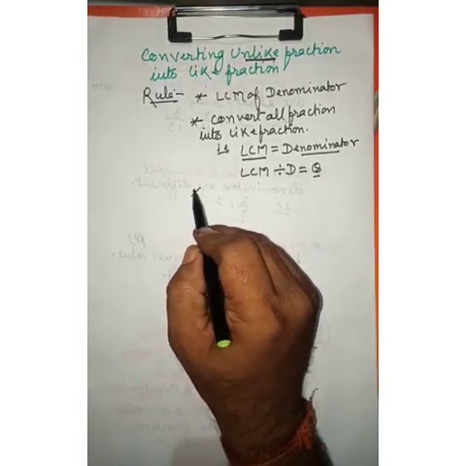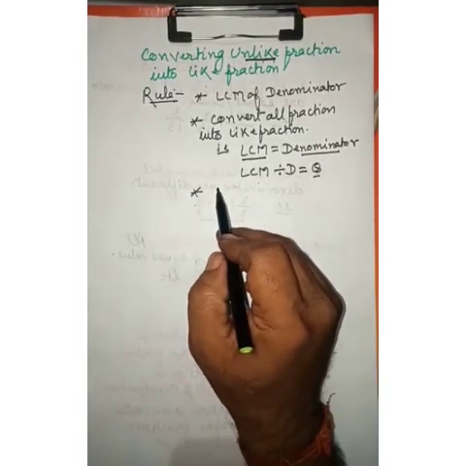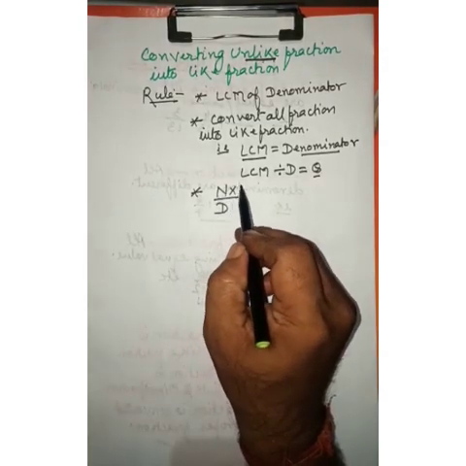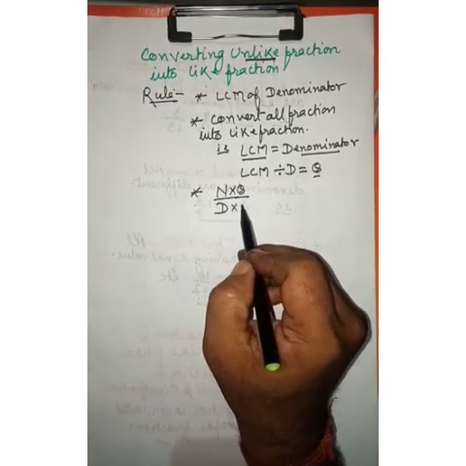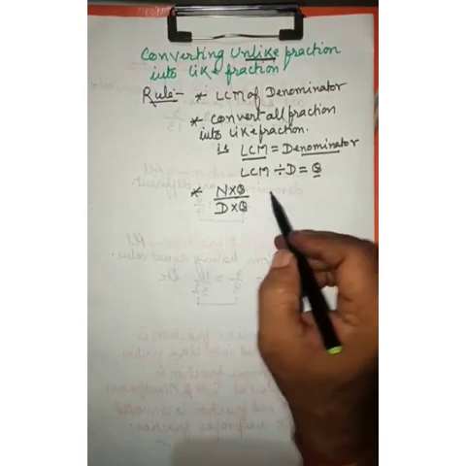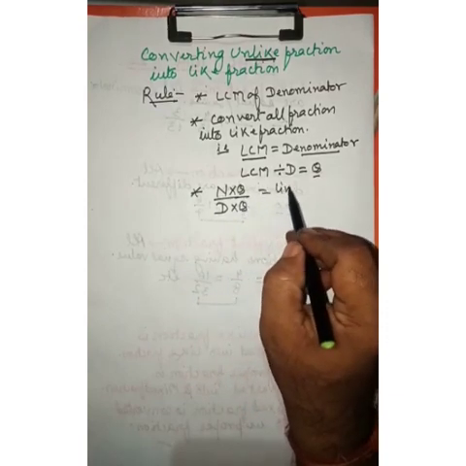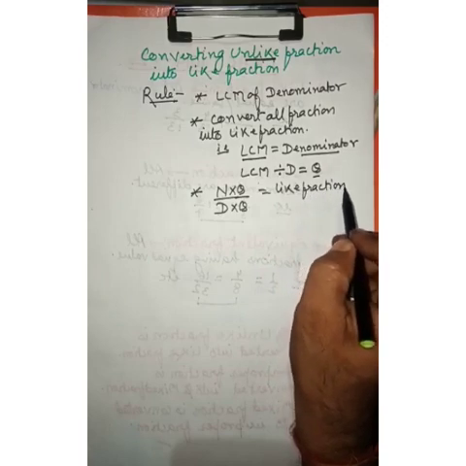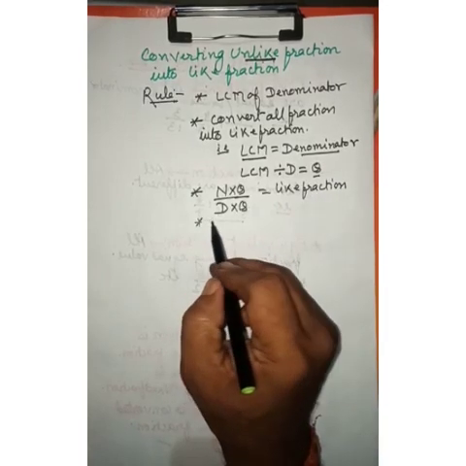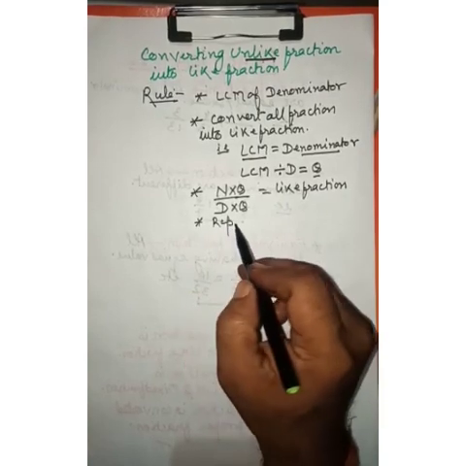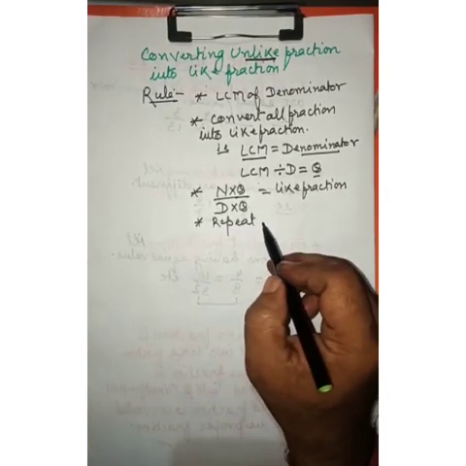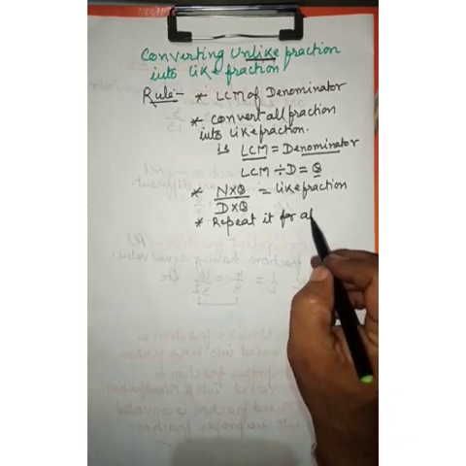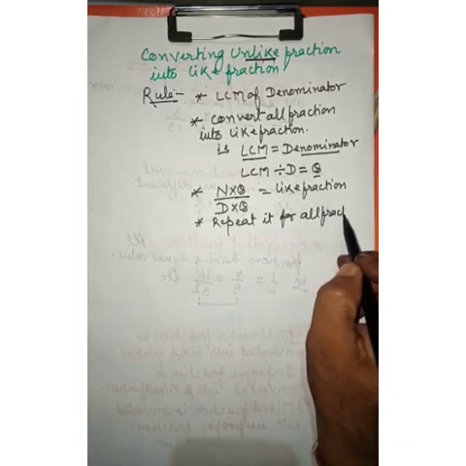Next step: you have the fraction numerator upon denominator, and we have to multiply both by the quotient. Then this becomes a like fraction. Repeat this process for all fractions.